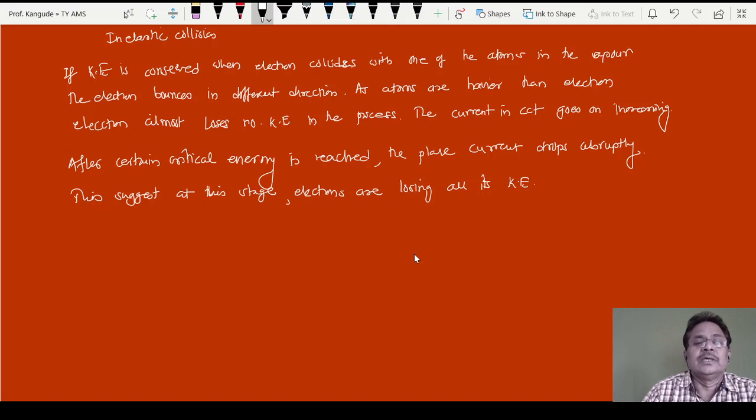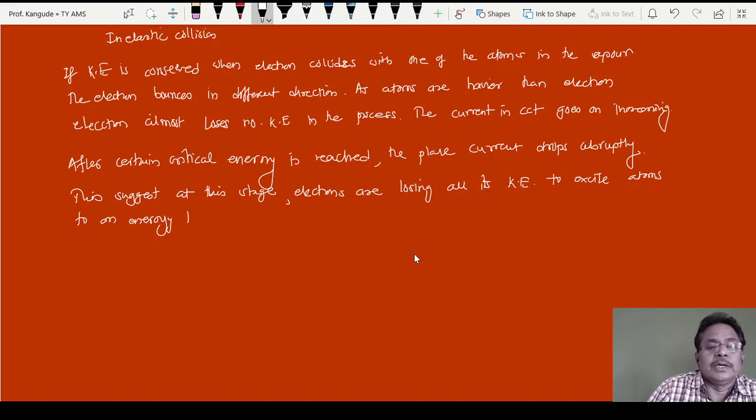So at this stage, electrons are losing all their kinetic energy to excite atoms to an energy level above the ground state. Okay, and such types of collisions are inelastic collisions.